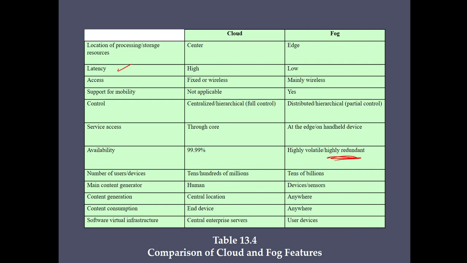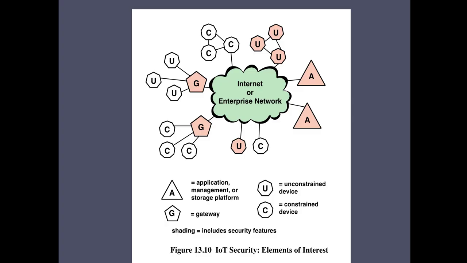Okay, so now let's look at IoT security and the elements of interest. If we look at IoT security, you'll find that IoT is the most complex and undeveloped area of network security.